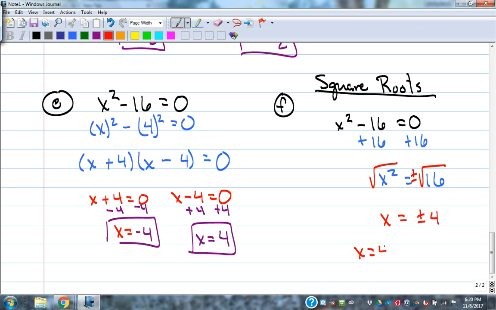So that's x equals positive 4, and x equals negative 4. That one could be solved with either method, with factoring as a difference of squares, or with the square roots method. We're going to look at some others that we could do with square roots, that maybe don't work out as nicely.